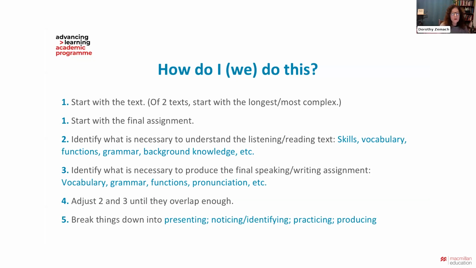Then, for all of those things that they need to learn, right, reading skills or listening skills or vocabulary or background knowledge or grammar, then those become sort of mini lessons within the lesson. And we have a presentation perhaps, or we ask them to notice and identify some points. Then a lot of controlled practice, a lot of exercises.